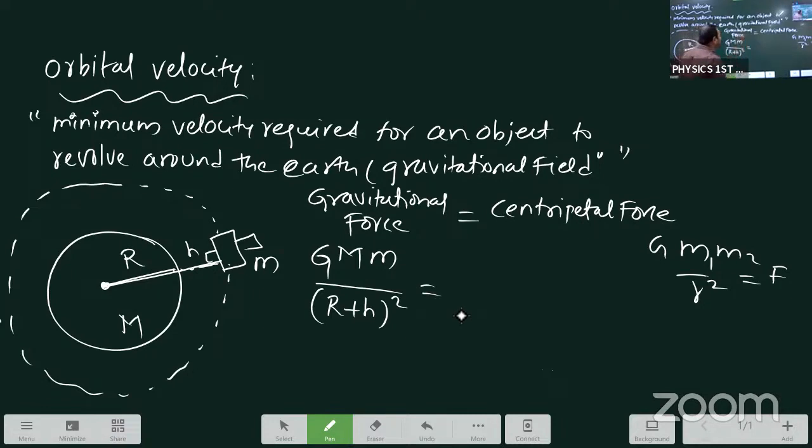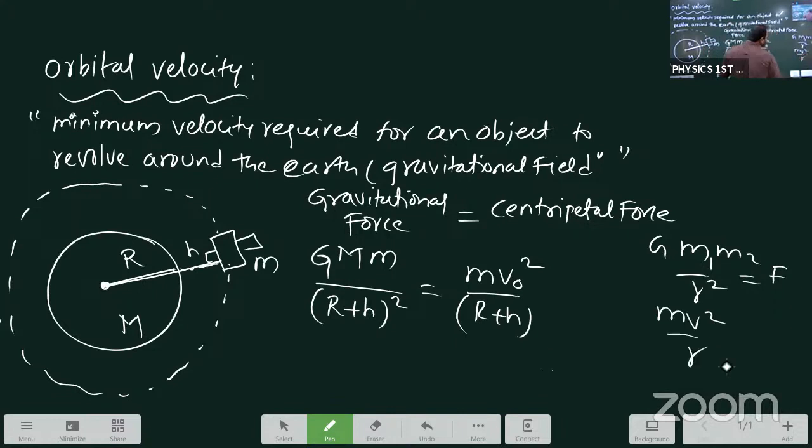Gravitational force equals the centripetal force of the body, m v square by r. The ordinary formula for centripetal force is m v square by r, where m is the mass of the object, v is its velocity, and r is the distance.